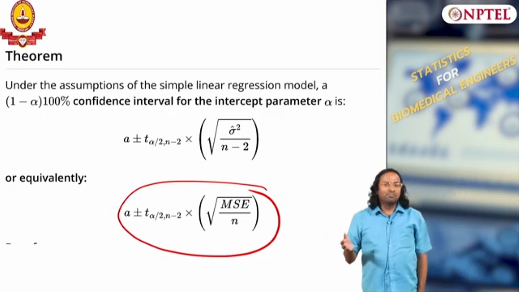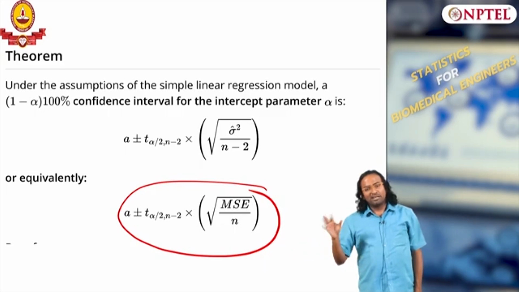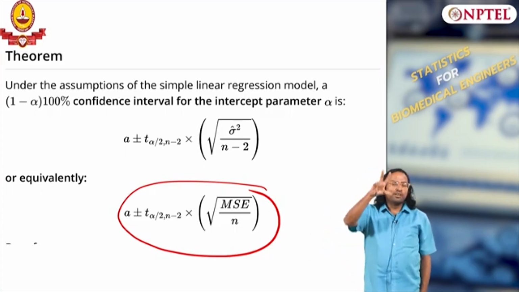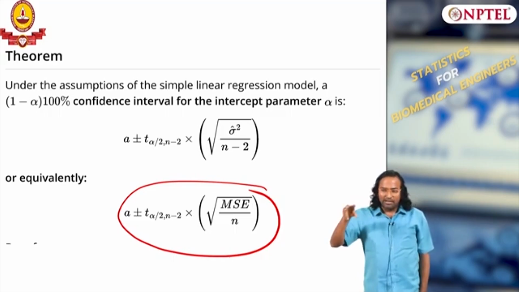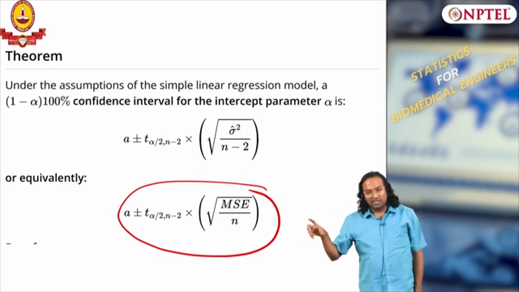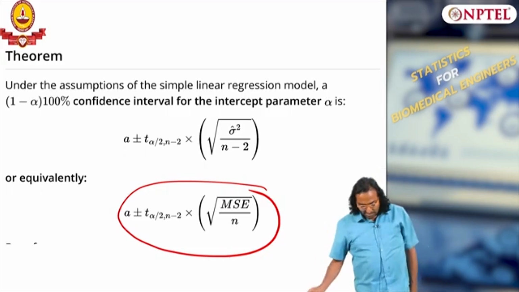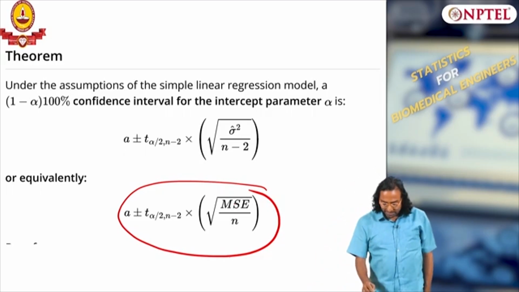Typically, the t distribution becomes normal if the number of degrees of freedom is large. Originally alpha hat follows a normal distribution, but if your number of data points is low, the confidence limit is based on the t distribution, and this is sigma, the square root of MSE by n.